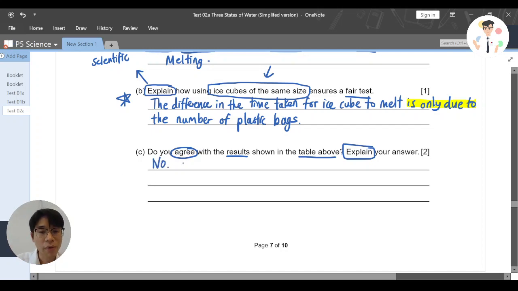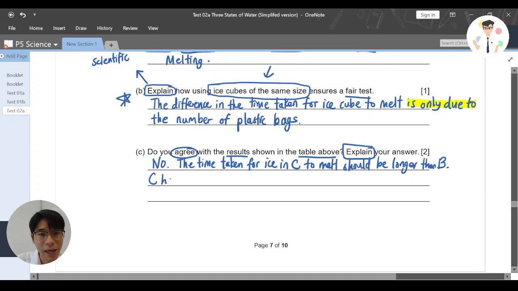Why no? Because the time taken for ice in C to melt should be longer than who? Longer than B. Why?